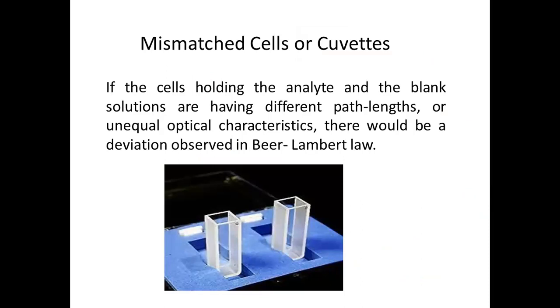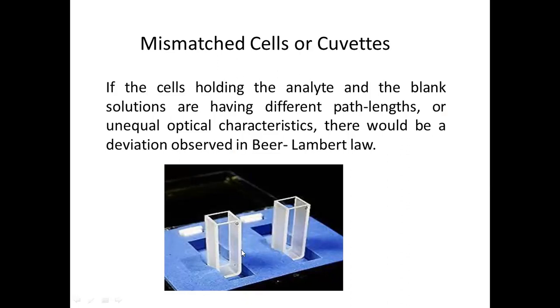During the measurement, if you're using a double beam UV visible spectrophotometer, we ideally should work with matched cells or cuvettes. Cuvettes are obtained with their percentage matching certificate. So these two cells should ideally have uniform surfaces and matching surfaces.